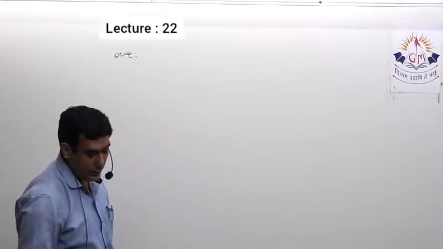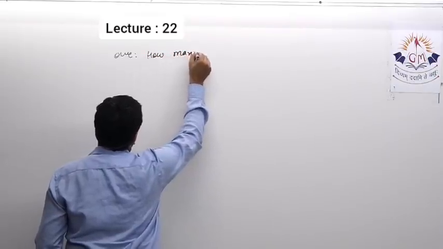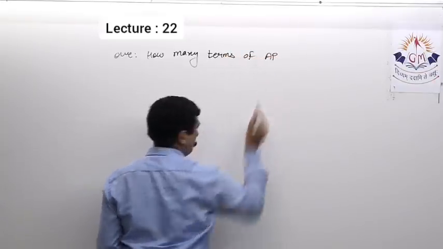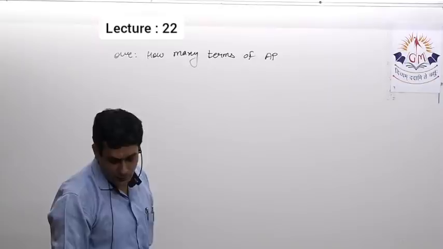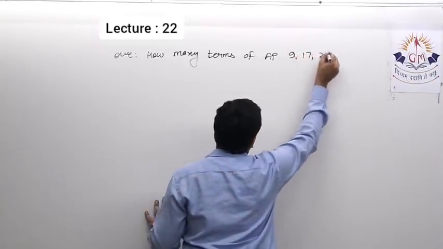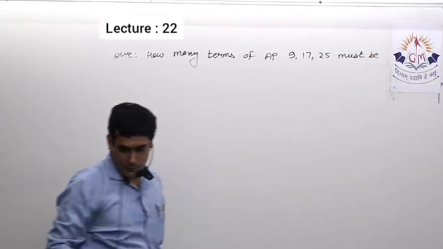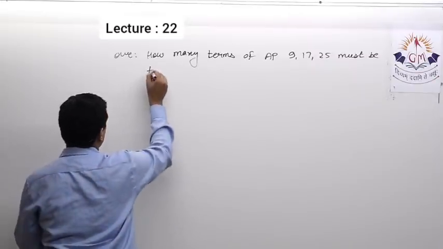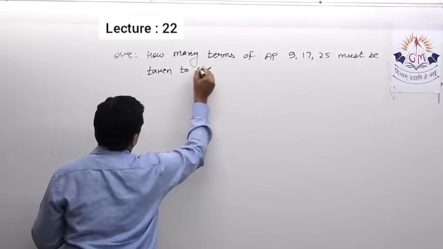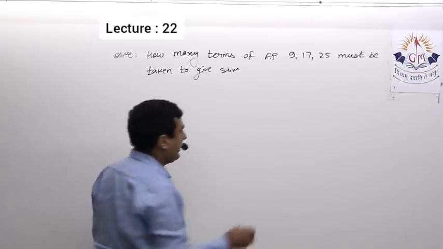So here next question is, how many terms of the AP 9, 17, 25 must be taken to give a sum of 636?